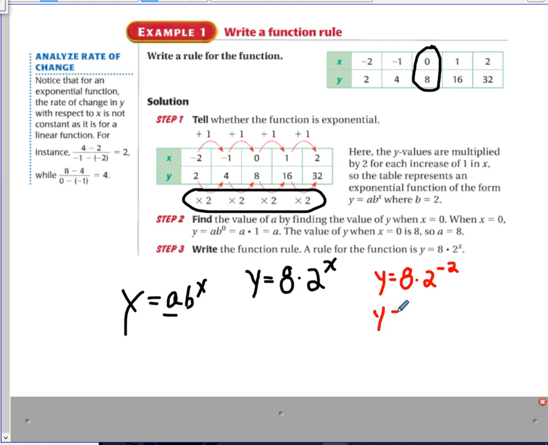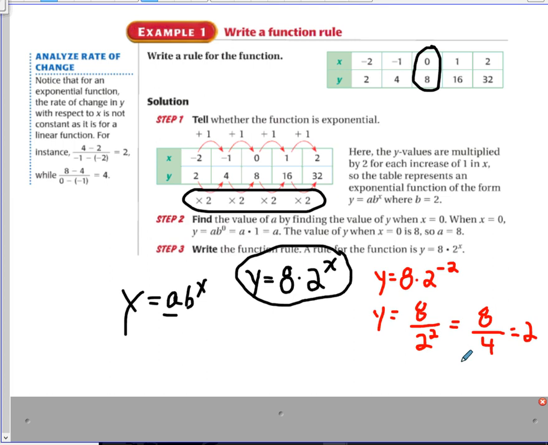So y equals 8 on top, because that doesn't change, but my 2 to the -2 power is going to become 2 squared, and it's going on the bottom. 2 to the 2nd power is the same as 2 times 2, which is 4. 8 divided by 4 is going to be 2. So when my x value is -2, my y value is 2. All right, so my answer for this particular question, writing a rule for the function, would be this formula right here.